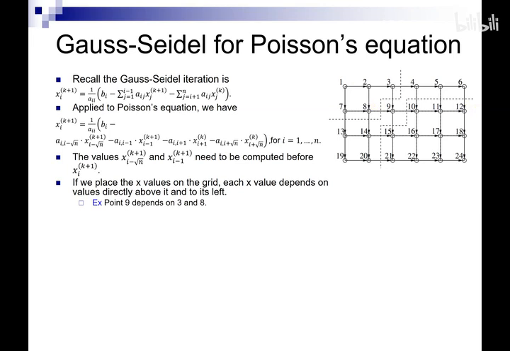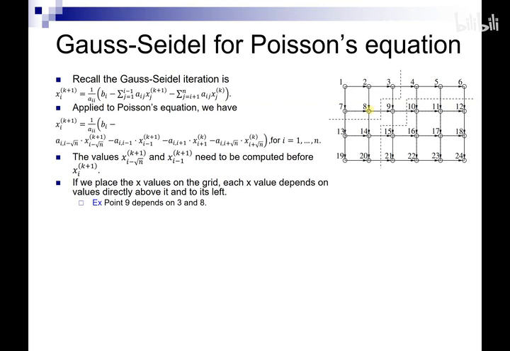Now, if you do this, we're going to place these x values on the grid, and then we have these dependencies between the variables.